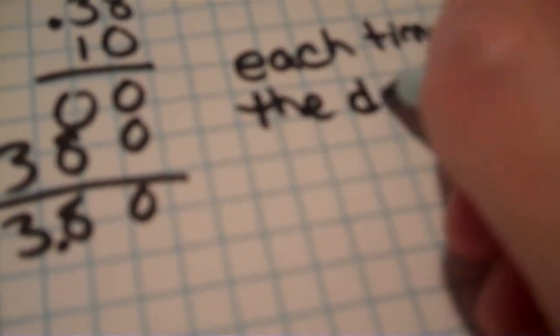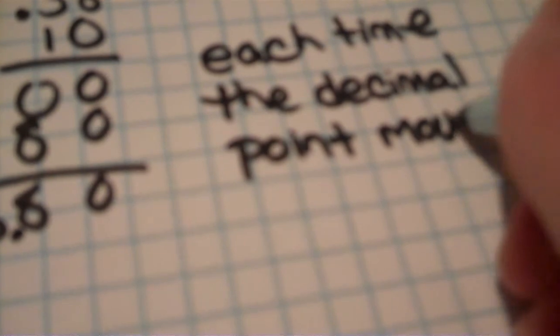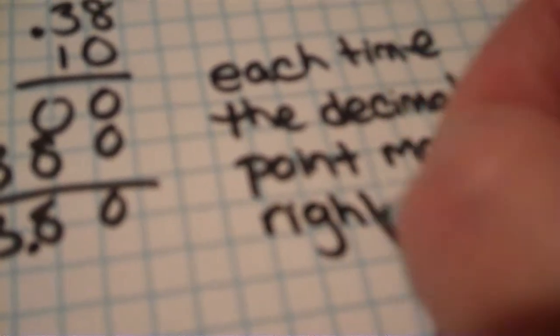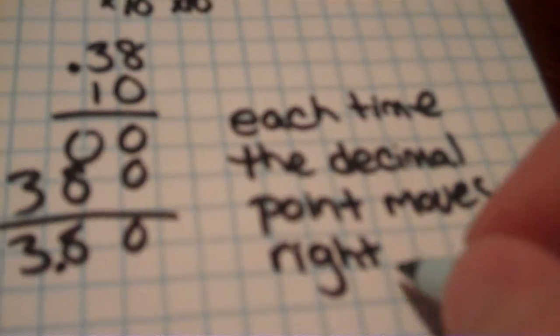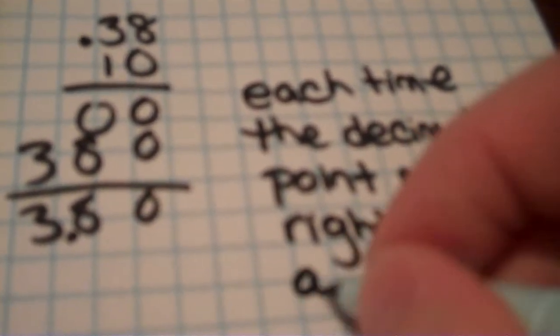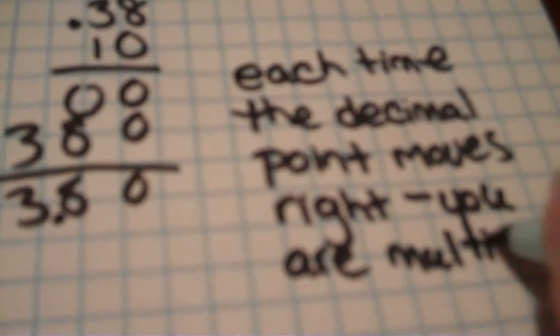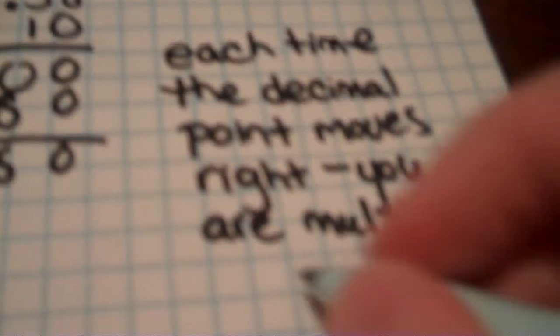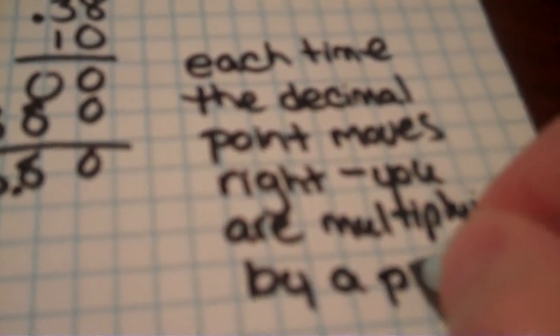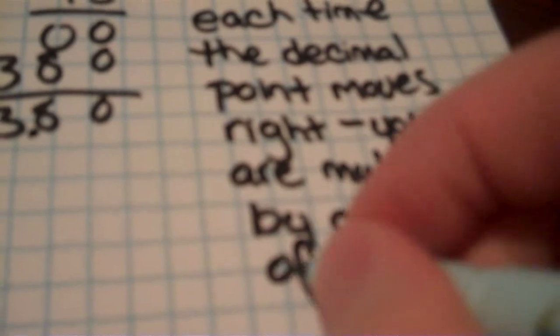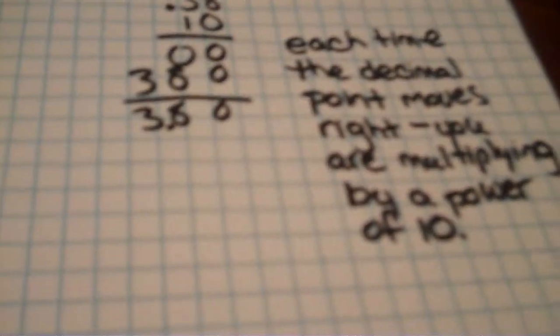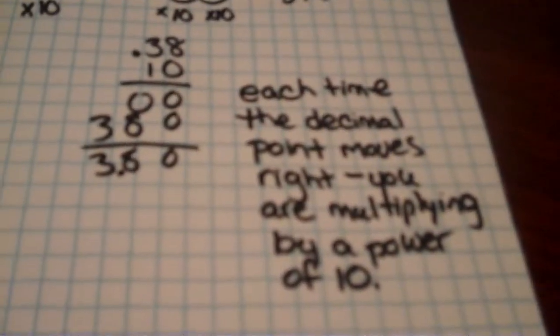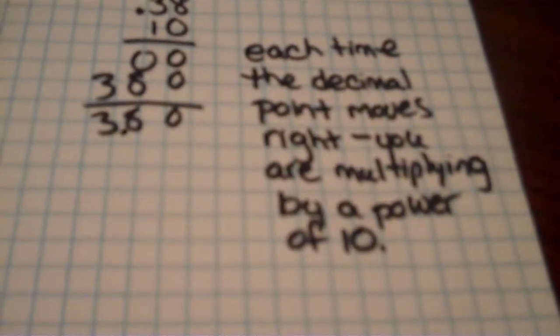This is what I want you to write. Each time the decimal point moves right, you are multiplying by a power of 10.